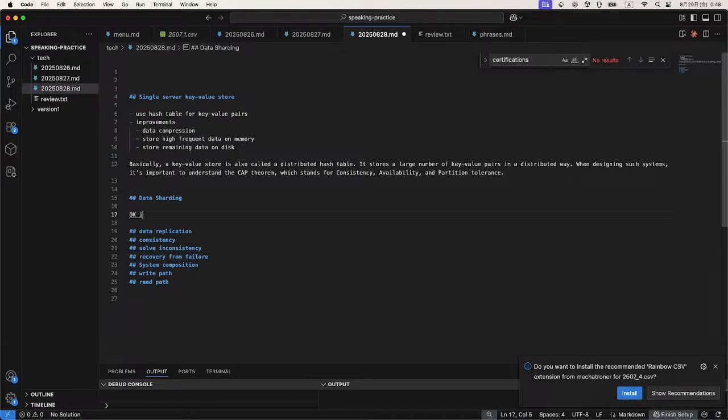If you run a large application, it's impossible to store all data in a single server.